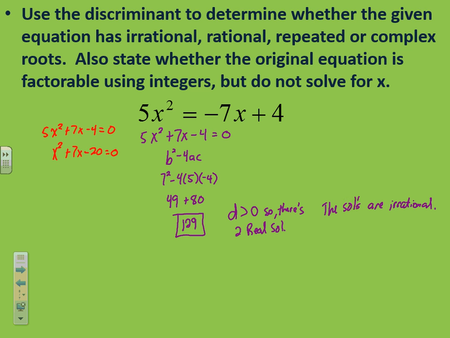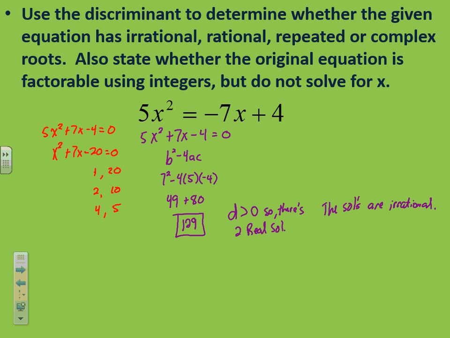The b term stays the same, and I'm going to multiply a and c together, so that would be minus 20 equals 0. Now here, typically what we would do is we would say, okay, well, what are the factors of c that could add together in such a way to give me the b term, which in this case is 7. So the factors of 20 are 1 and 20, and 2 and 10, and 4 and 5, and that is it.